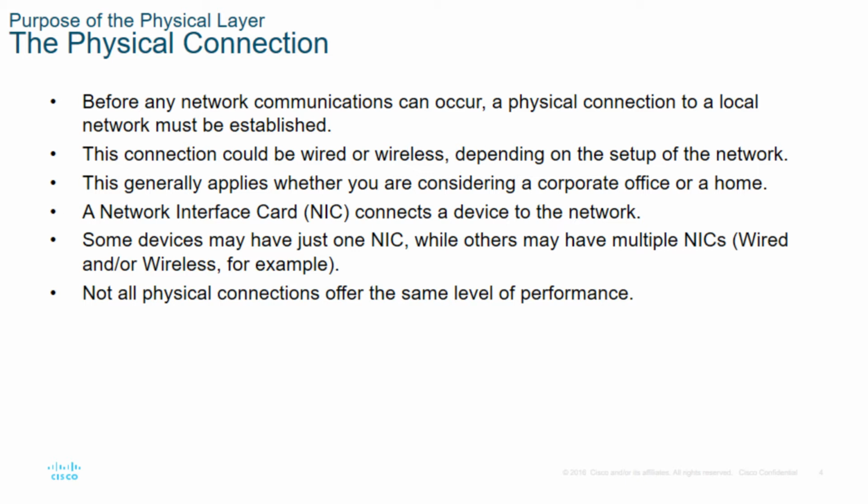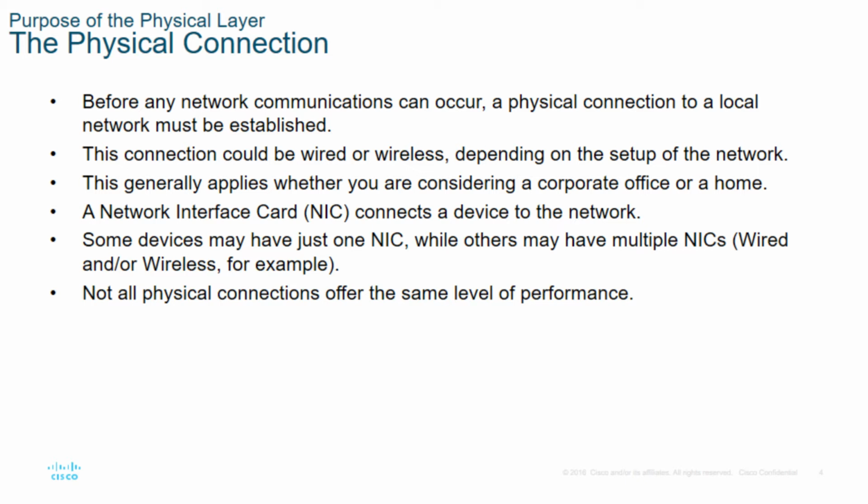We also know that wireless connectivity is common as individuals and businesses alike discover its advantages. Devices on a wireless network must be connected to a wireless access point, also known as an AP. Wired connections and wireless routers use NICs, network interface cards, which connect a device to the network.